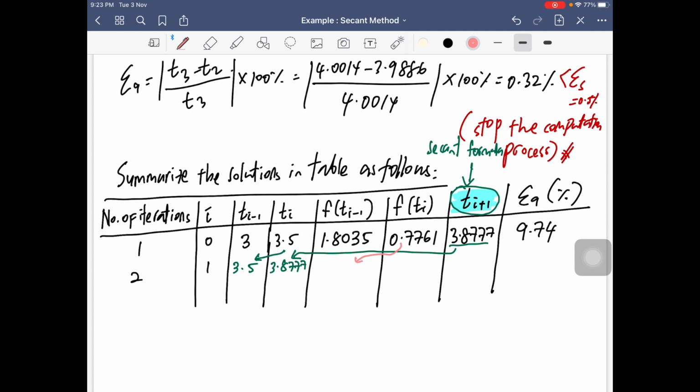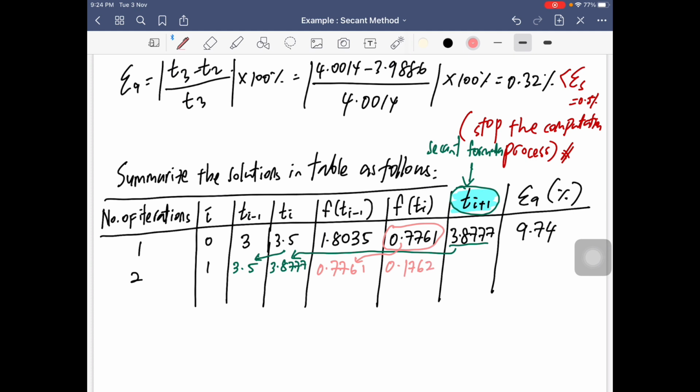Okay, previously this is your f t naught. So now it becomes here, 0.7761. Okay, so this value you need to calculate in the second iteration. So based on our previous calculation, we obtain 1762.